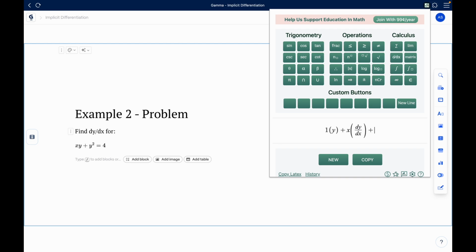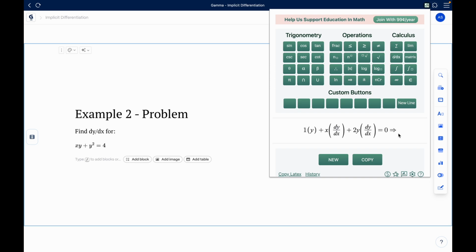Now, the next term is y squared, which we already covered in the last example. The derivative for that is 2y multiplied by dy by dx. Now the derivative of 4 is equal to 0 since that's a constant. Now the next step would be to start simplifying and bringing all the dy by dx terms to one side, or bringing all the other terms to the other side.